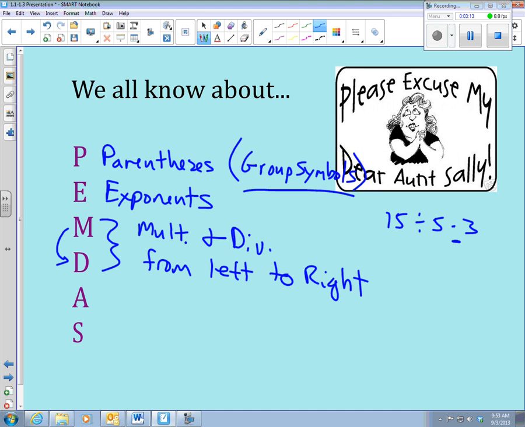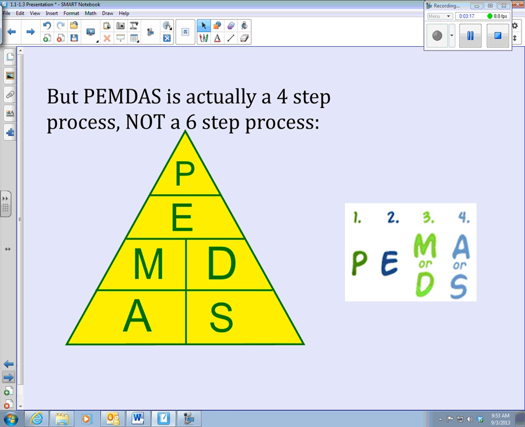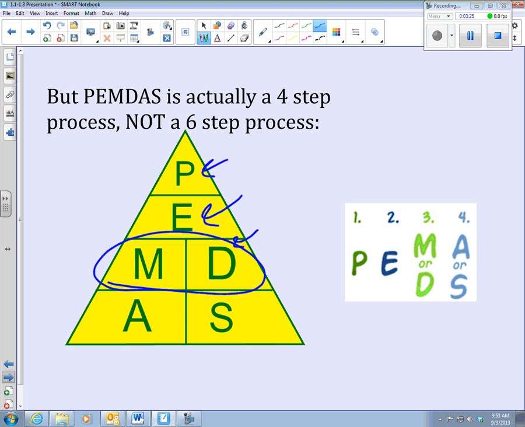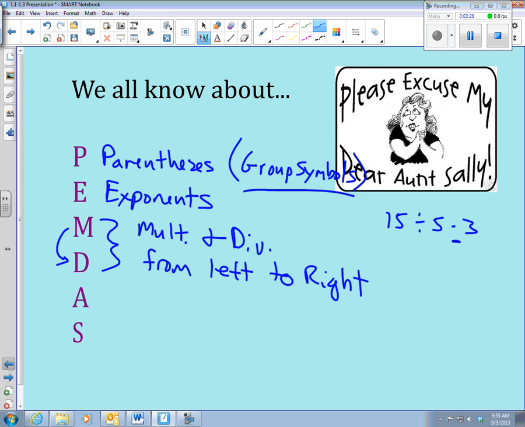If you look at this triangle pyramid thing here, multiplication and division are on the same level. Parentheses first, yes. Exponents second, but then multiplication and division, it matters which one shows up first, left to right. So if I'm going left to right, I see division first here.